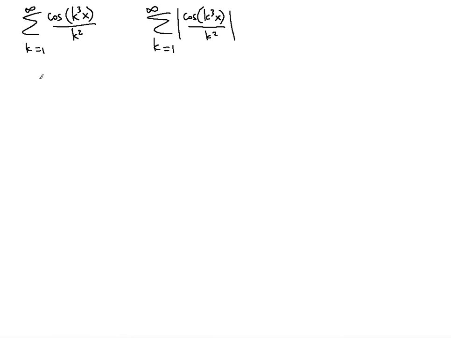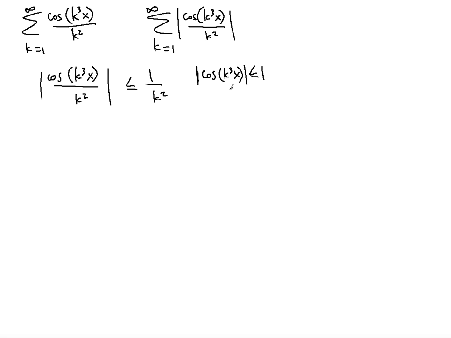Notice first of all that the absolute value of cosine of k to the third x divided by k squared is less than or equal to 1 over k squared, right? Because by definition the absolute value of cosine of k to the third x is less than or equal to 1, so dividing both sides by k squared gives us this result.